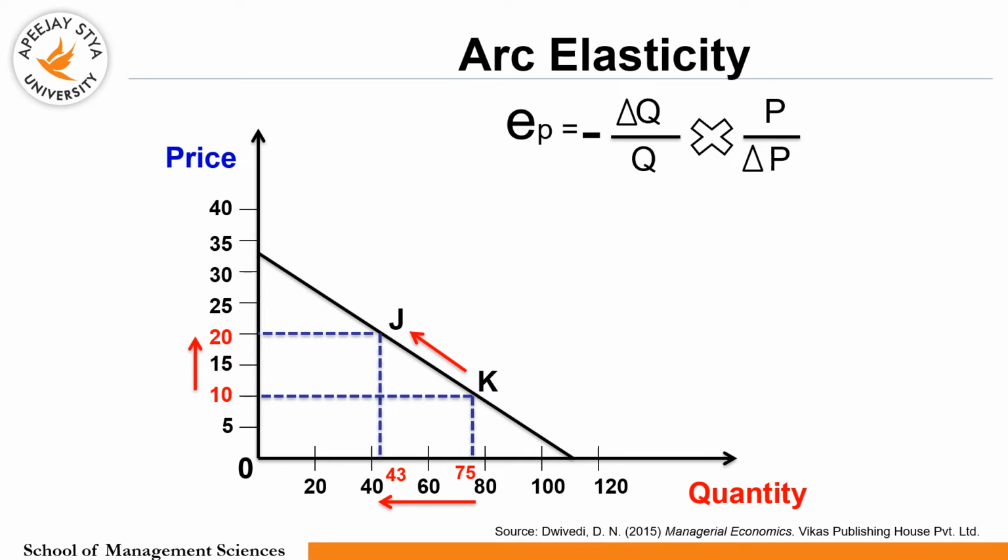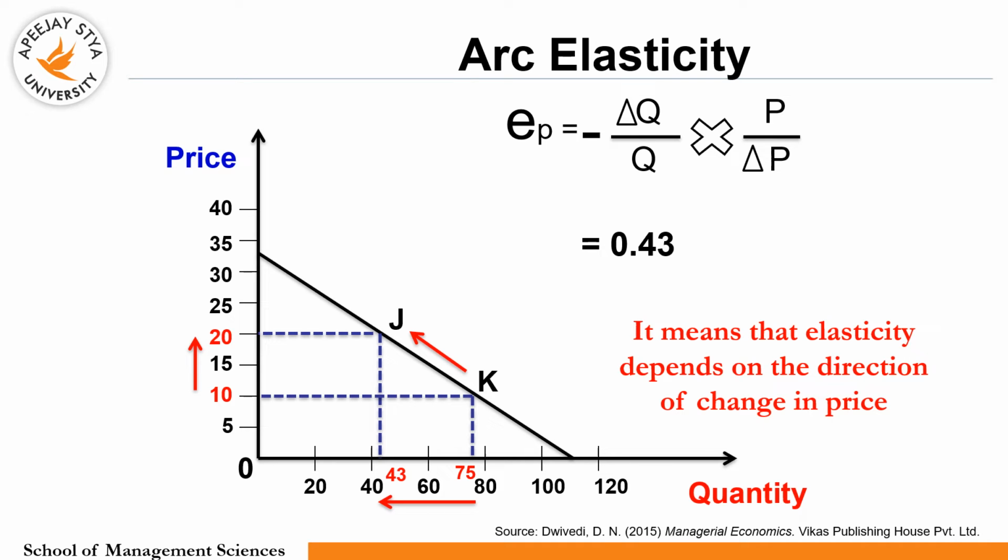For example, the elasticity between point J and K, moving from point J to K, was 1.49, whereas if we reverse the direction of the price change and calculate the elasticity coefficient when moving from point K to J, you will get a different value, which will be equal to 0.43. It means that elasticity depends on the direction of change in the price.